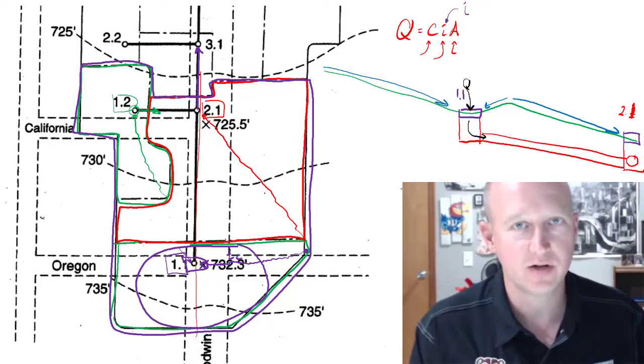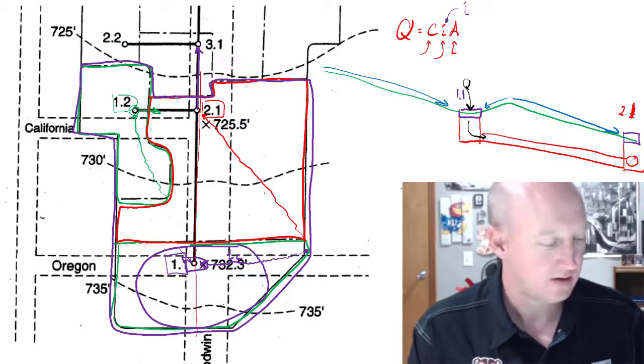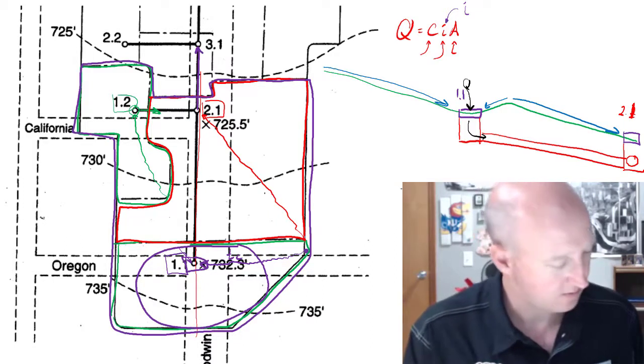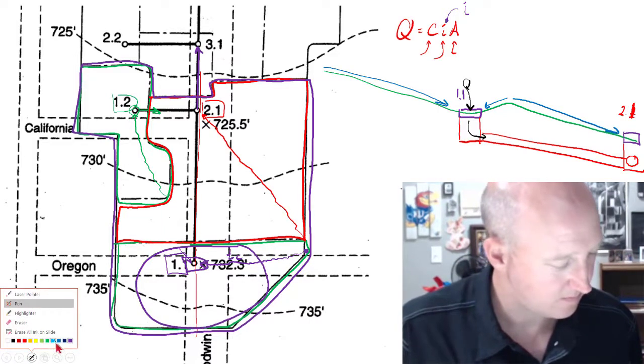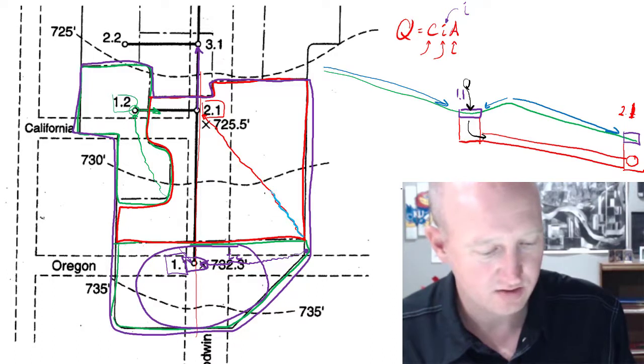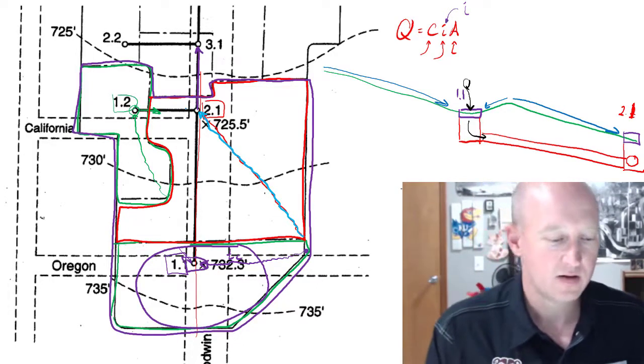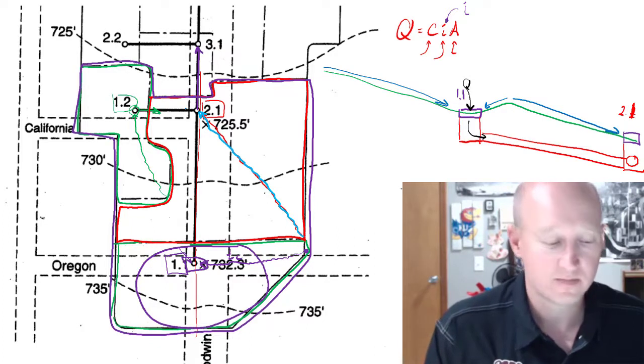So there's some possibilities for this. The first possibility is that this dimension time of concentration controls. That's one possibility.